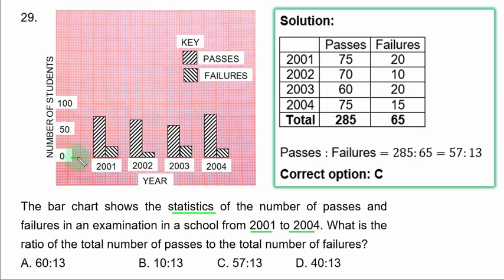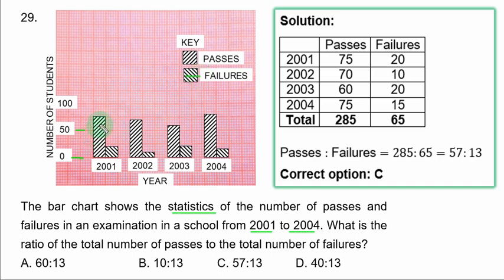From the origin 0 to this place is 2 cm on this graph. It means that 2 centimeters is 50 units, and that implies one line is 5. You have the key here. This is for passes and this is for failures. So let's take 2001.